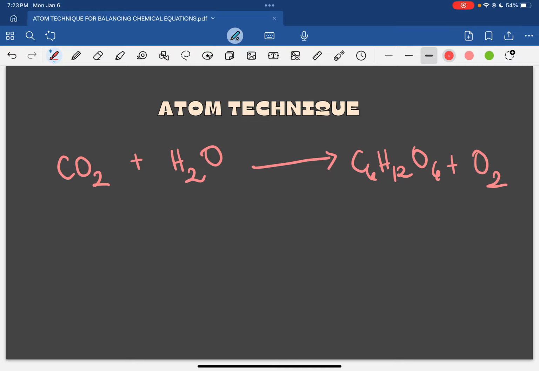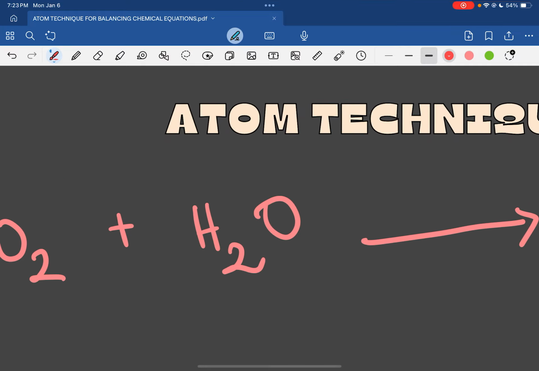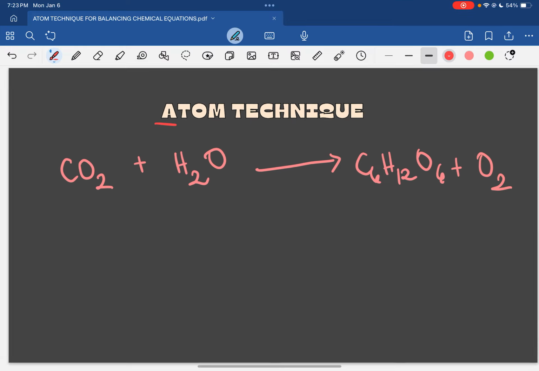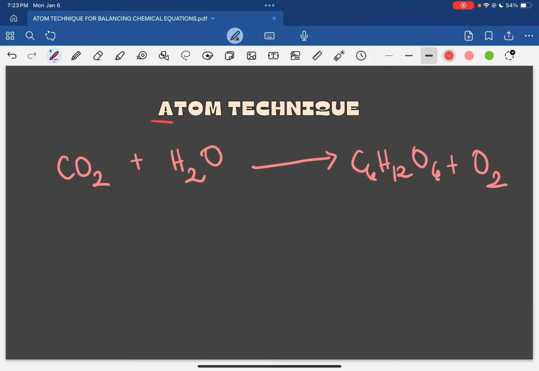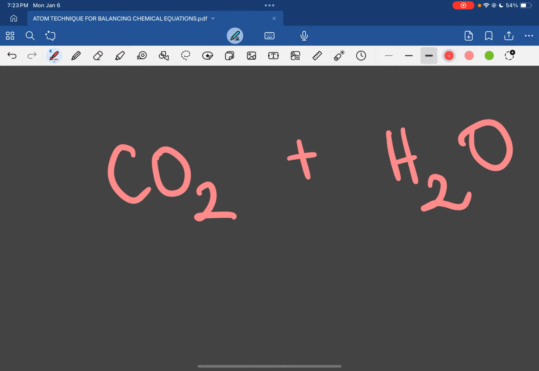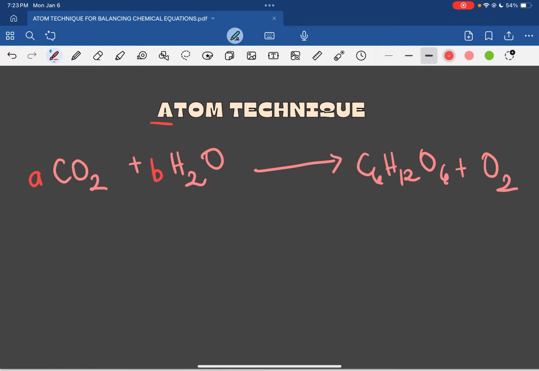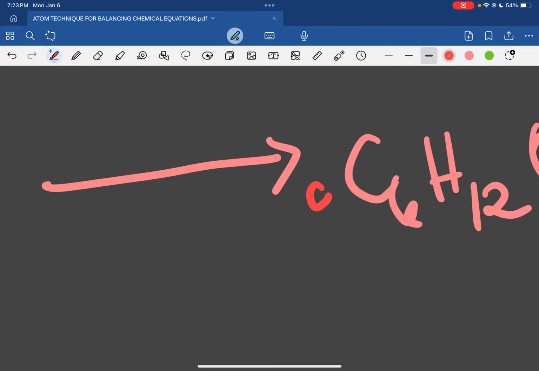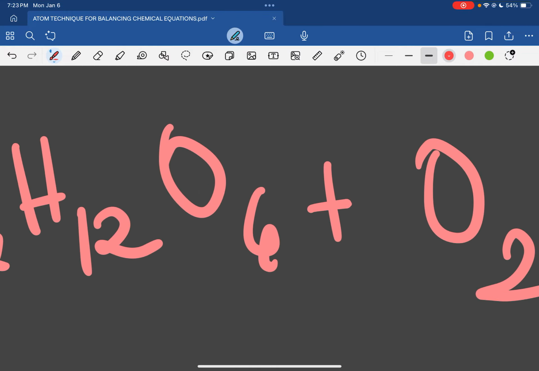If we're going to follow the atom technique, we know that the first step is to assign variables in each substance. So we're going to put A in here, B in here, C in here, and D in here.